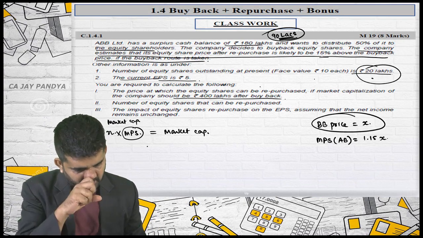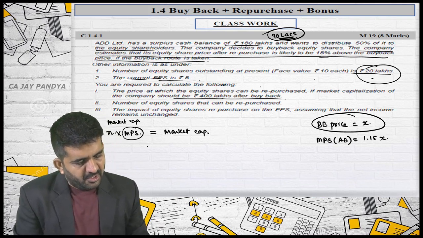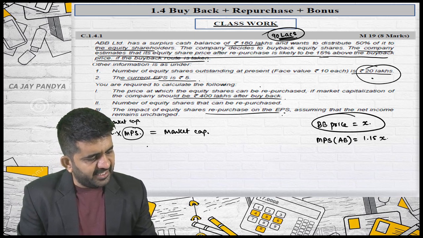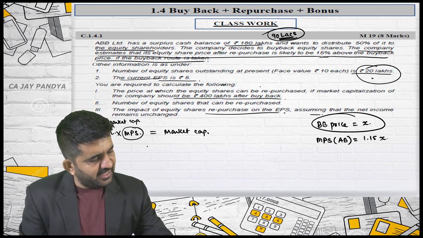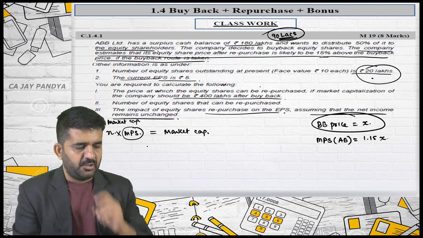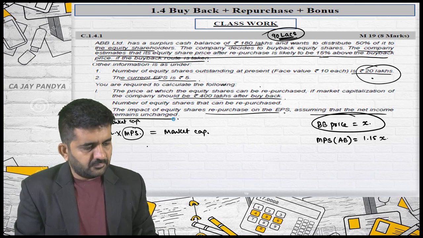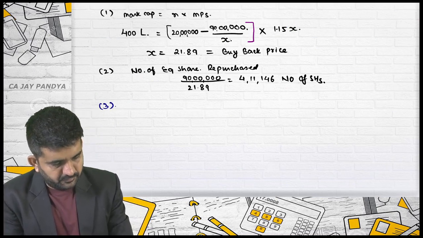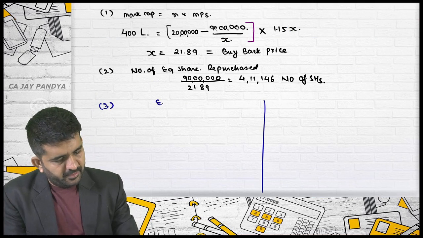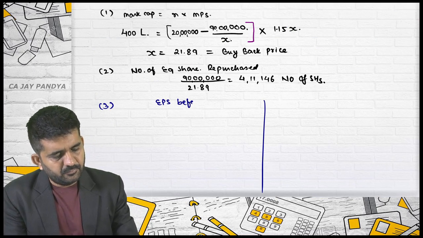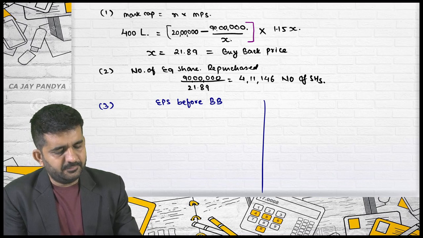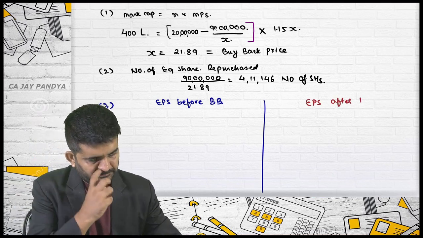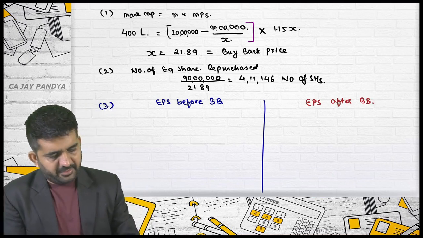Let us go to question number 3. The impact of equity share repurchase on EPS, assuming that the net income remains unchanged. Let me find out EPS before buyback and EPS after buyback.